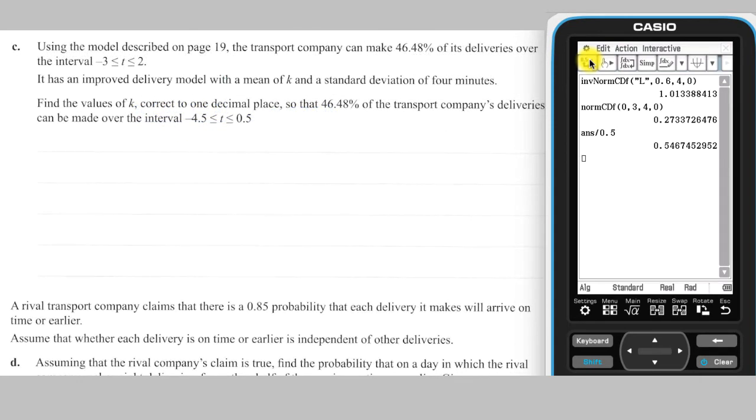Part C. This question involves a changed mean and some information about the probability of t between negative 4.5 and 0.5. We can gain some insight into this new mean by setting up an equation involving the normal CDF command.